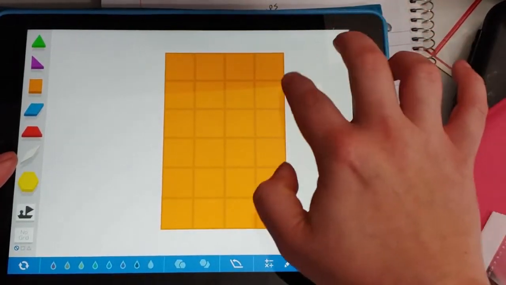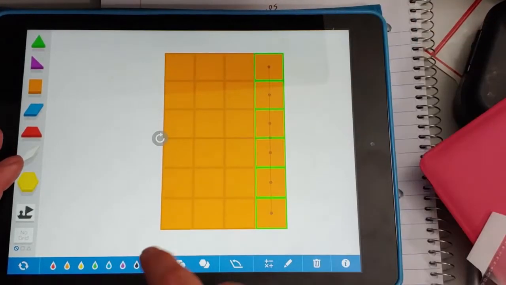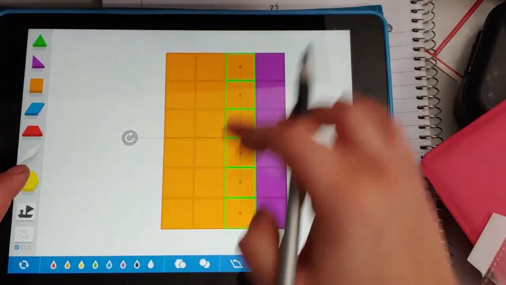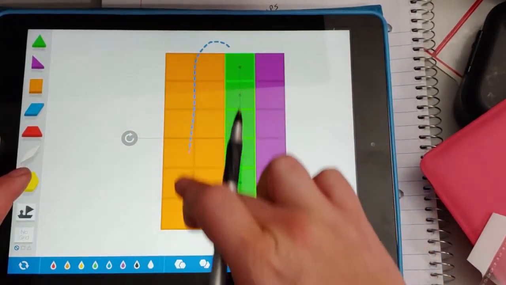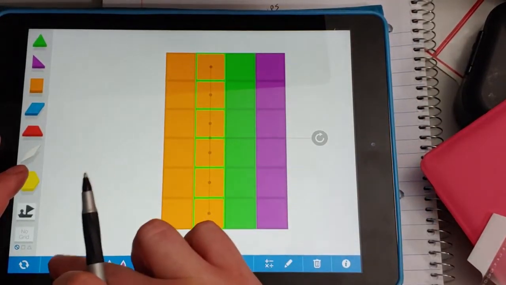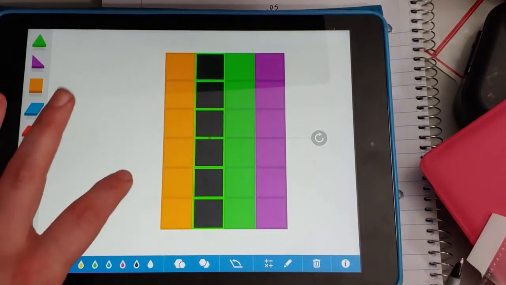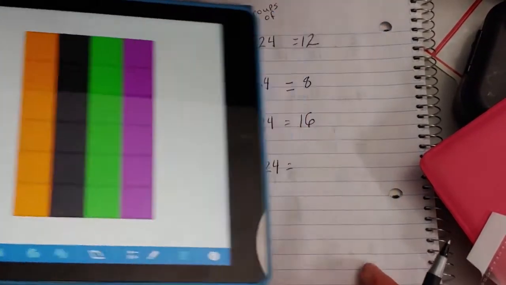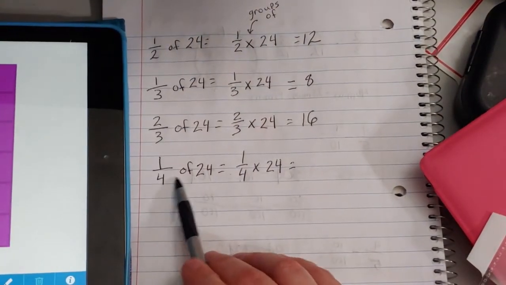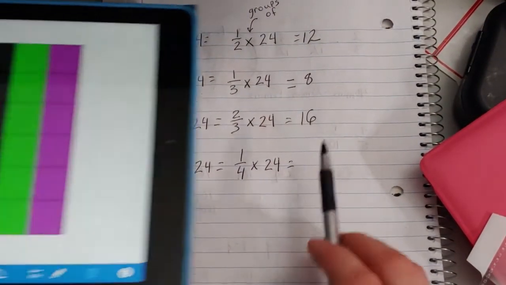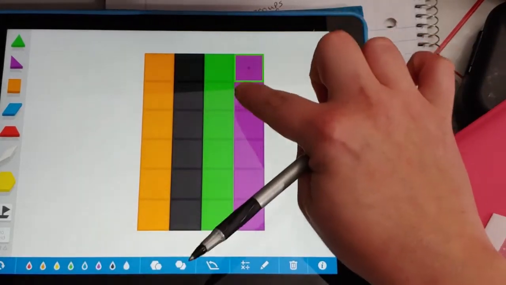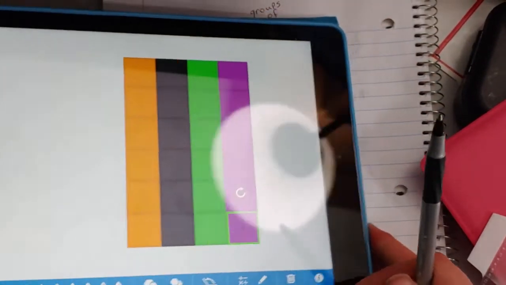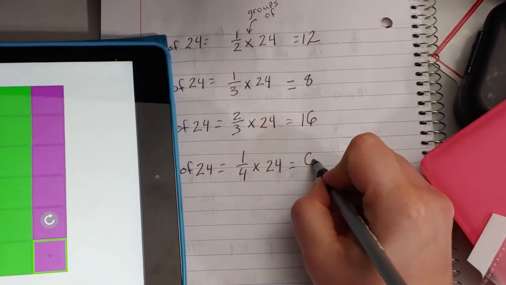For the sake of time, I'm just going to circle one of these and change it purple. There's 1/4, 2/4, 3/4, and 4/4. So looking at our problem, what is 1/4 of 24? 1/4 times 24. 1, 2, 3, 4, 5, 6. It is 6.